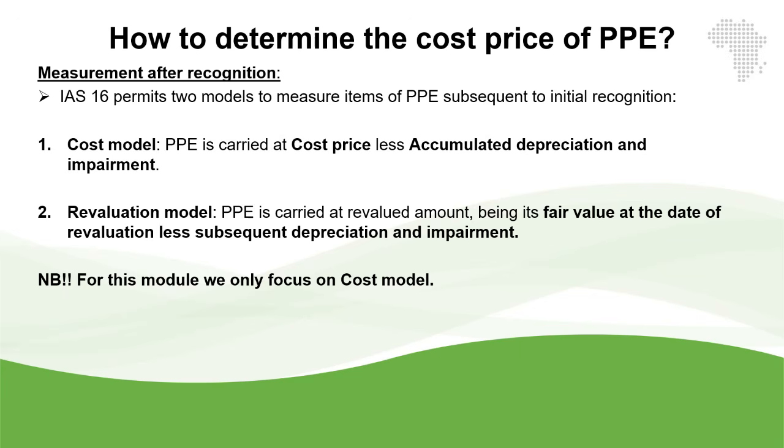What I want to highlight here for this session is that for the purpose of this module, we only deal with the cost model. So our property, plant and equipment will always be carried at cost price less accumulated depreciation and impairment. The revaluation model, we're just showing you that there are two models, but we're not going to use the revaluation model for the purpose of this module.